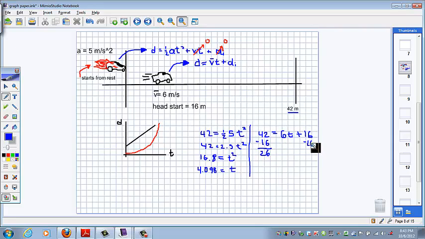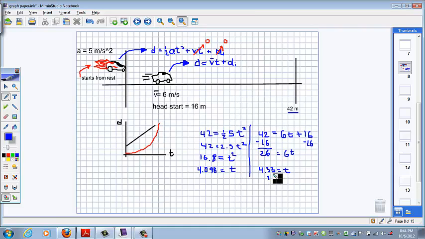And so that just gives us 6t on this side now, because 16 minus 16 is 0. Divide both sides by 6. 26 divided by 6 is equal to 4.33. And you can see indeed that the slow guy crosses a bit after the fast guy, or the accelerator. Seconds. Okay.